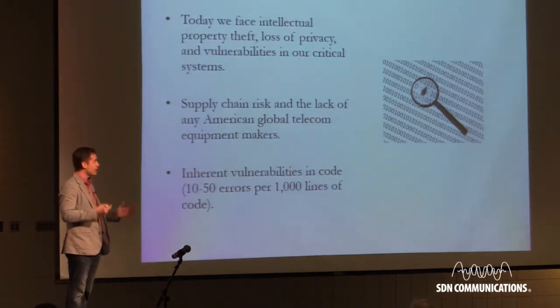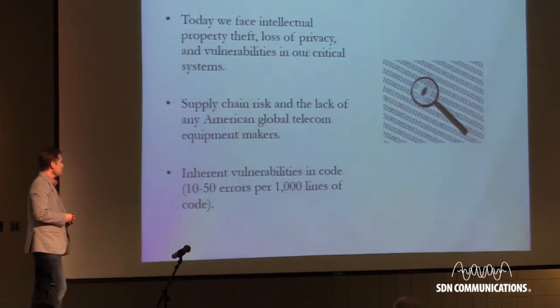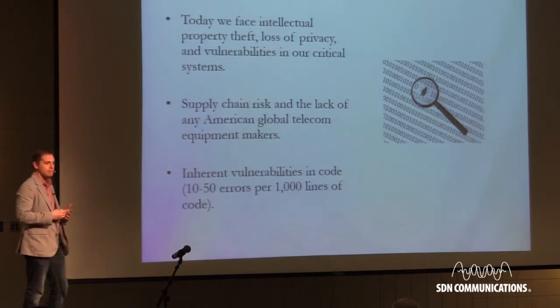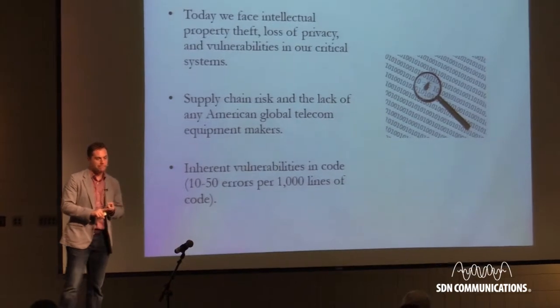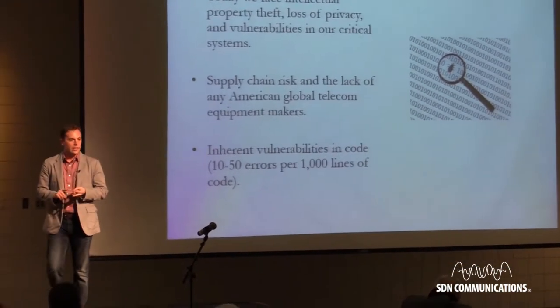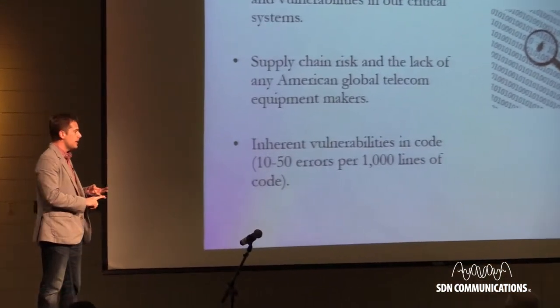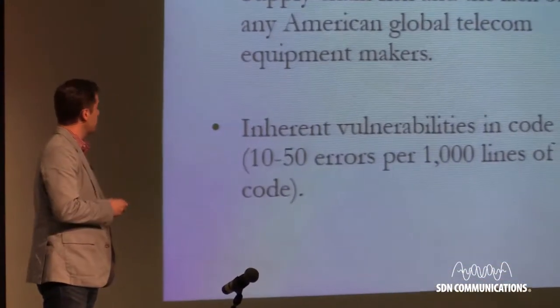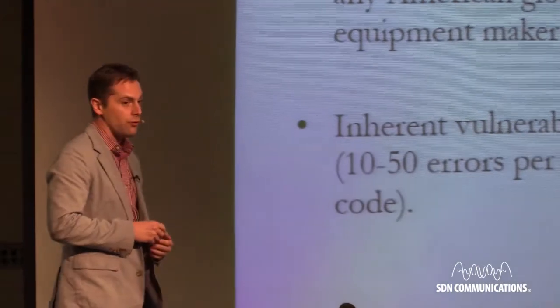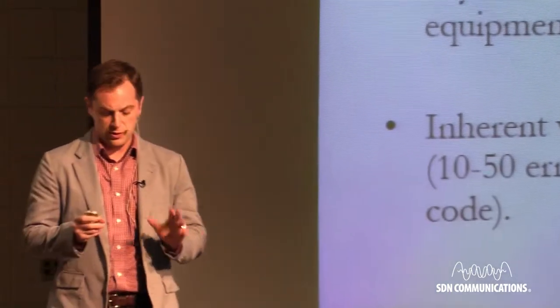Okay, so let's talk about our vulnerabilities. What are we facing? Today, as we talked about a minute ago, we're facing loss of intellectual property, loss of government secrets, threats to our privacy, credit card information, financial data, threats to our critical systems, as I mentioned before, right? Those are all really top concerns.